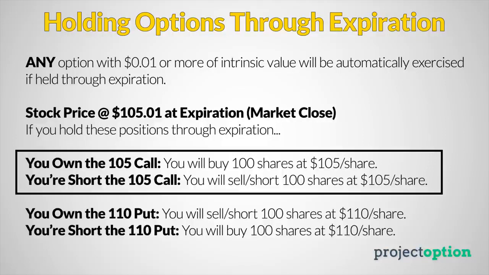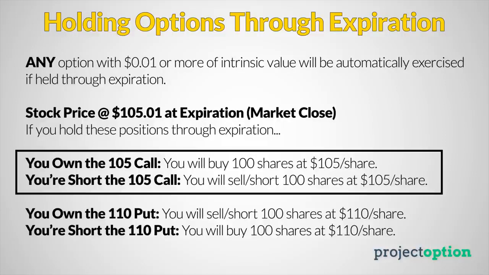And a trader who was short that 105 call option and held it through expiration would sell short 100 shares of stock at 105 per share. Or if they already owned 100 shares, they would effectively sell their shares of stock.